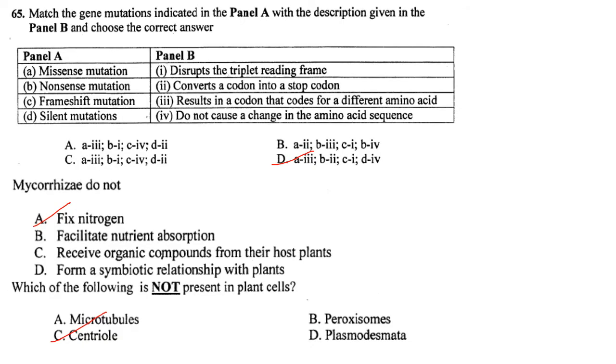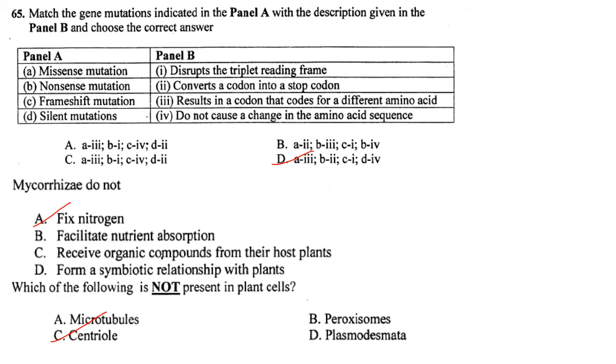Then next one. Match the gene mutation indicated in panel A with the description given in panel B. Choose the correct answer. Missense mutation results in a codon that codes for a different amino acid, so that the polypeptide chain itself is going to be either non-functional, or it may retain function, or it may show different properties from the normal.